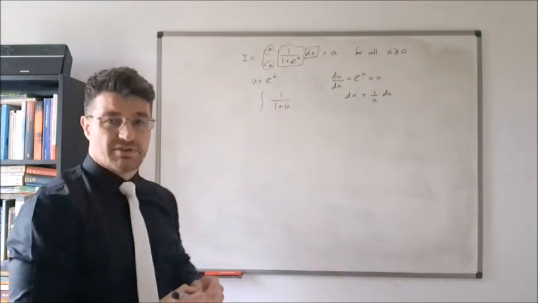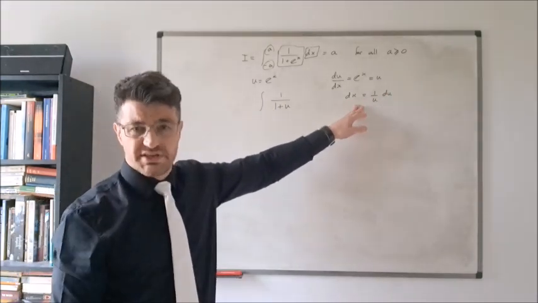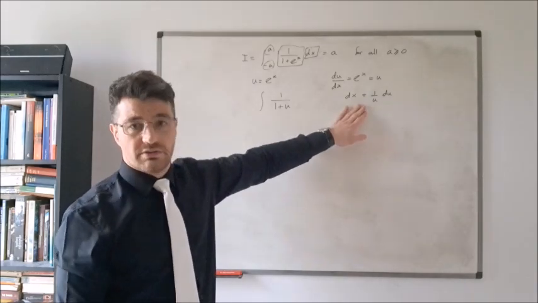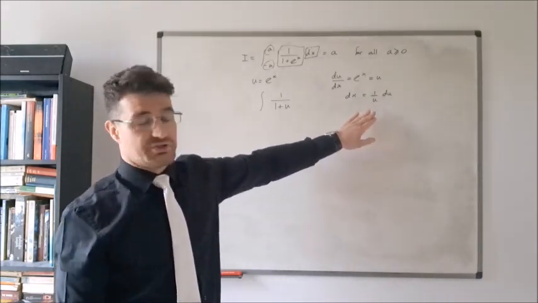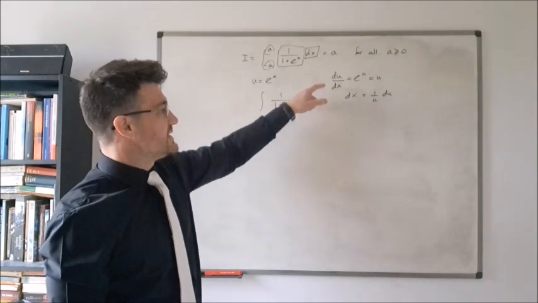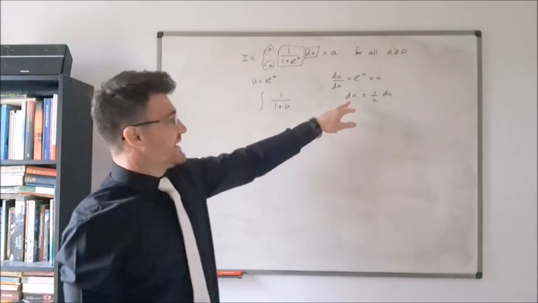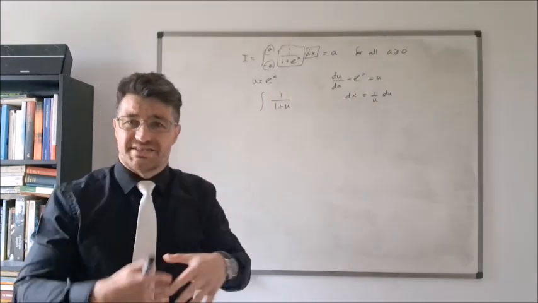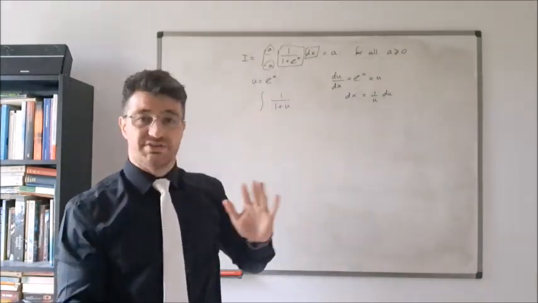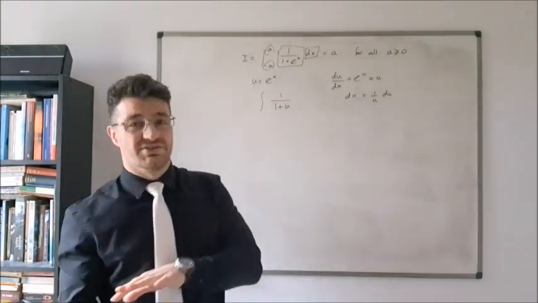Understand that what we do here is just a formal symbolic manipulation. Generally speaking, this is not a fraction. du by dx is not a fraction. du is not the numerator, dx is not the denominator.